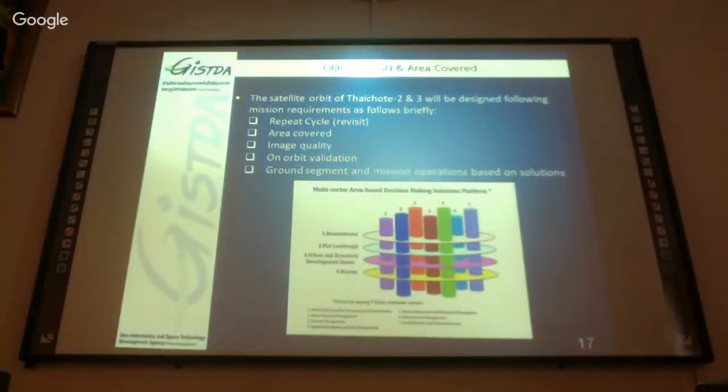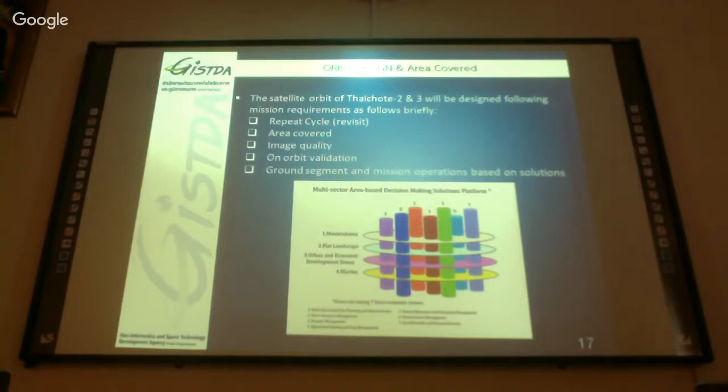Okay, after we design the formation finding of the two satellites, the next step is to design the mission requirements about the Liping circle, the coverage, image quality, and on-orbit validation, including the ground segment mission operation.